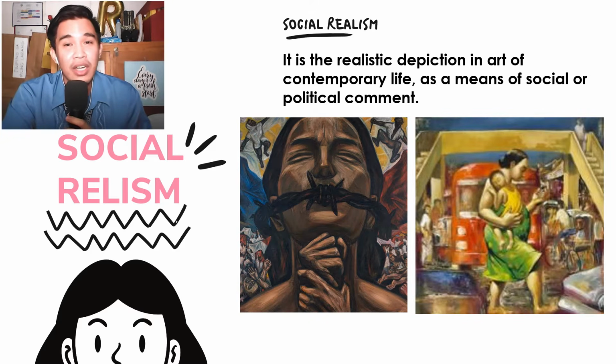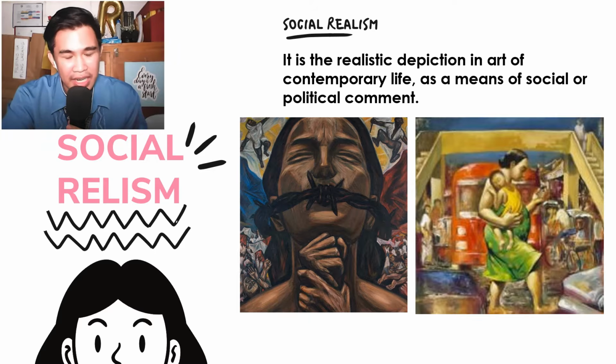Next type. Okay, so we still have another example here for social realism. As you can see, there is a woman there and her lips are taped, with thorns in her lips, and it seems like this girl is in pain.